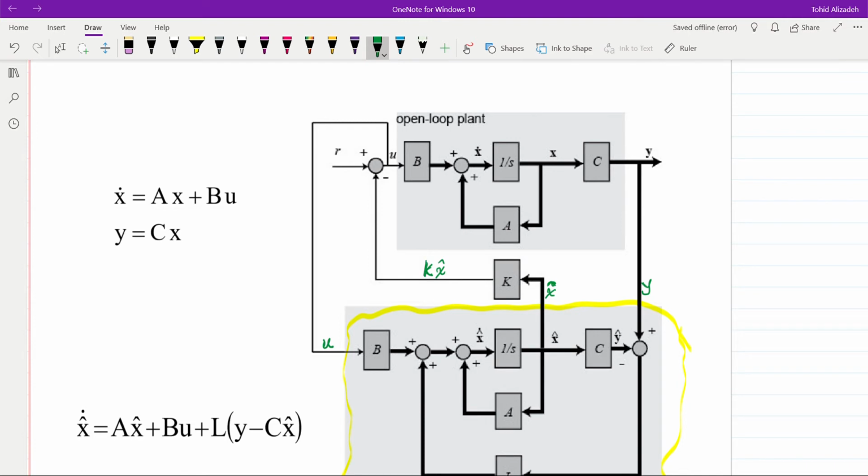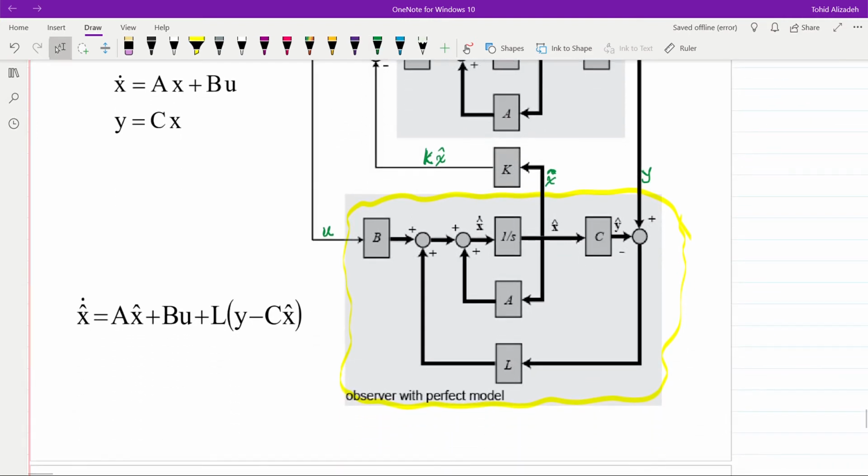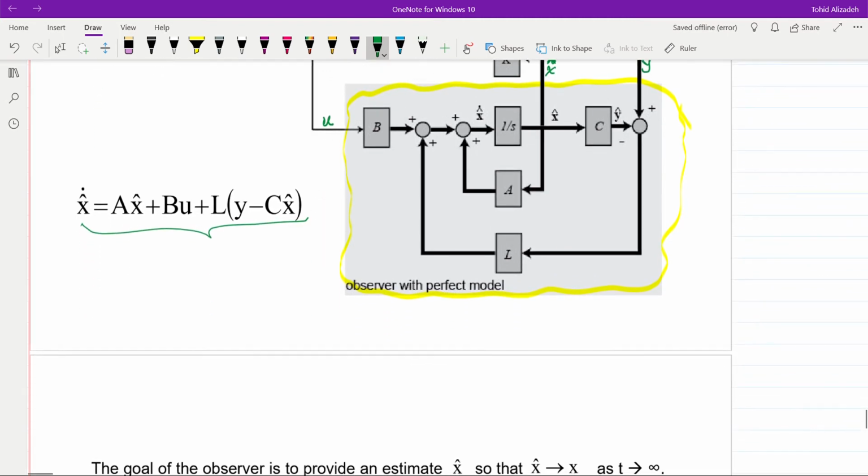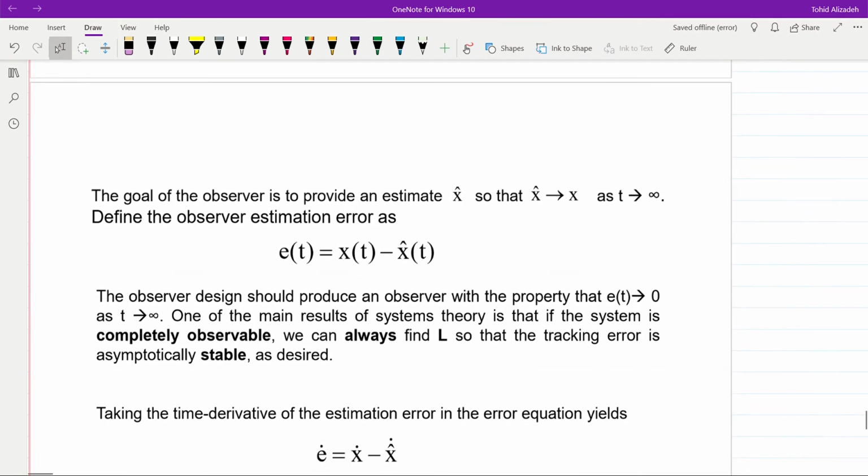Here again we have the actual system, x dot equal to Ax plus Bu, y equal to Cx, and here we have the equations for the observer as we just explained. As I mentioned, the goal of the observer design is to provide an estimate x hat such that x hat goes towards x.